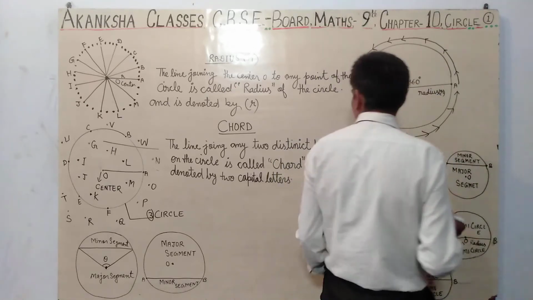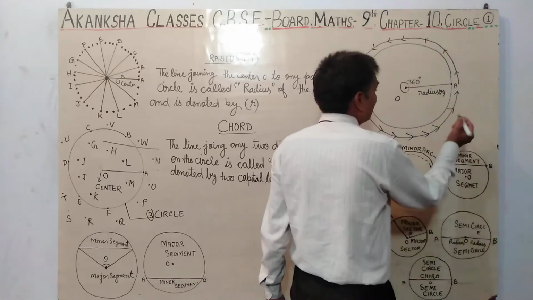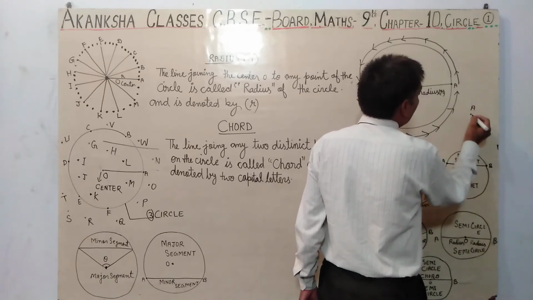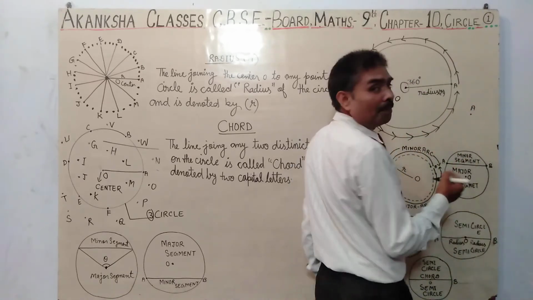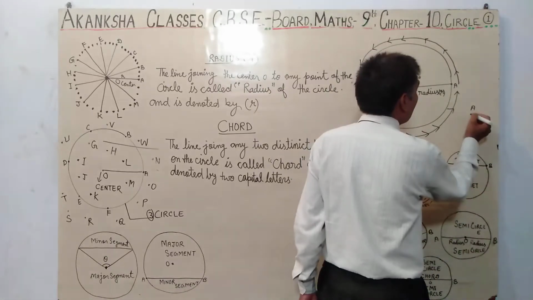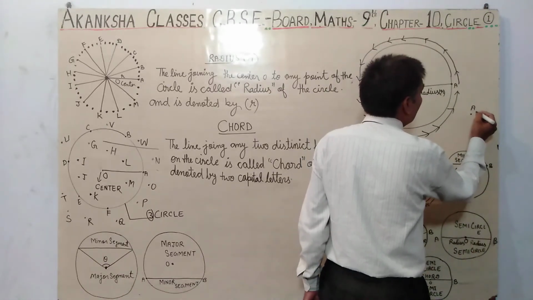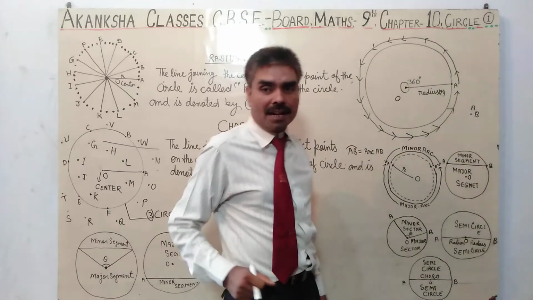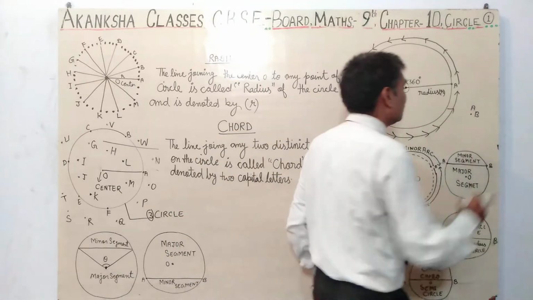And what is the meaning of distinct? Distinct means that they do not coincide. For example, I have put a point A. If we put another point B on the same place, then we say points A and B coincide, not distinct.